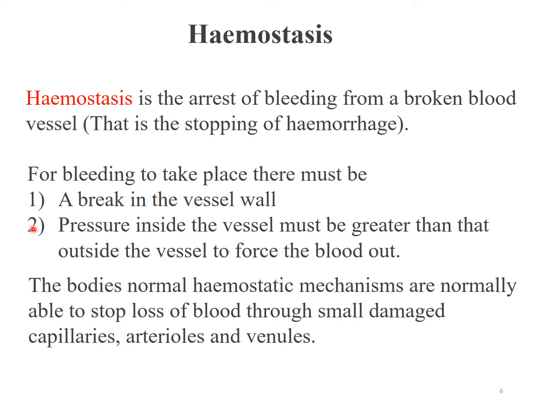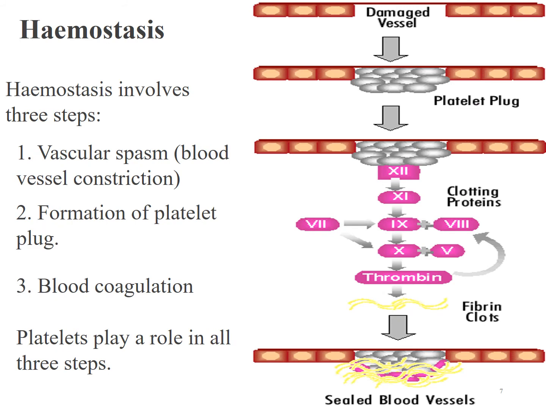Our body normally has the hemostatic mechanism in place to stop loss of blood through small damaged capillaries, arterioles, or venules. These are the three main strategies in place for hemostasis. The first strategy is known as vascular spasm, or blood vessel constriction. This happens only with the arteries, not the veins. I'll explain why in a while.